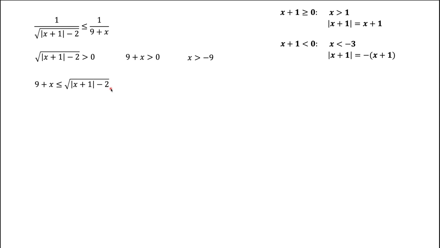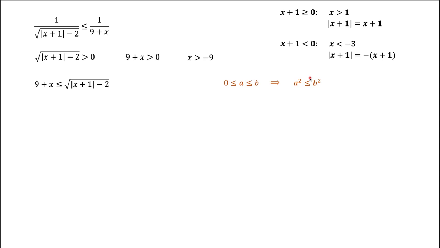The next thing we're going to do is we would like to square left-hand side and right-hand side. And we can do that because if I have a value a and a value b, such that a is less than b, but a itself is non-negative, in this case, if I square a and b, inequality will still stay.